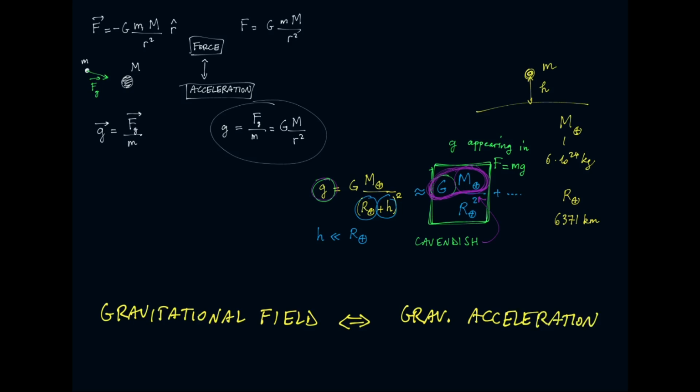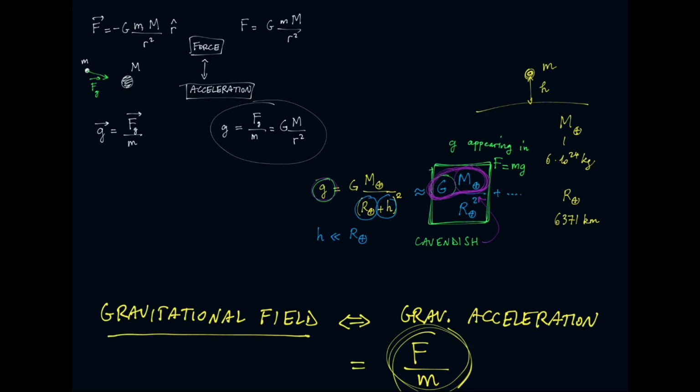So in particular, this is equal to the force experienced by a certain mass divided by the mass itself. And this is kind of universal. It doesn't depend on the mass of the objects, on the shape of the object, and all of that. So that's why it's called a field. It's a property of space.